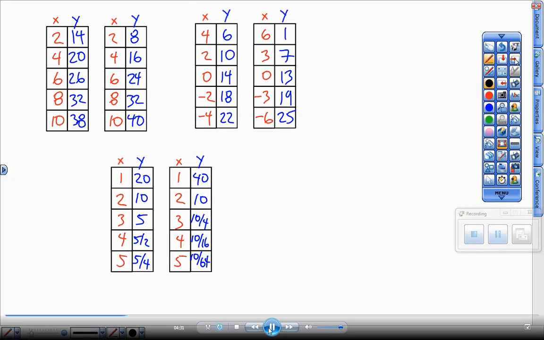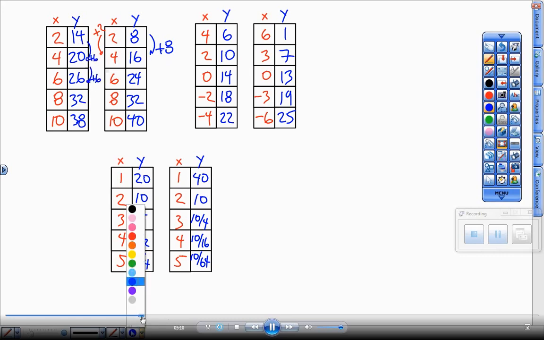All right, for these table ones, if there's no units, just find the slope and compare them right away. This is going up by 8 versus this table over here going up by 2. That slope would be the change in y over the change in x. That would be 8 over 2. This one is going up by 6.